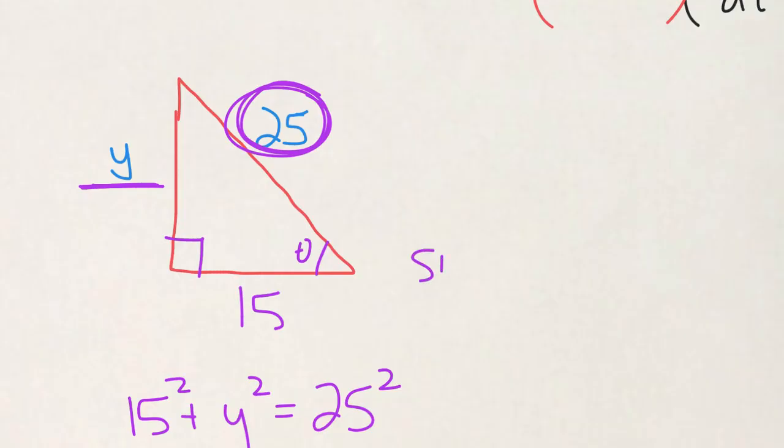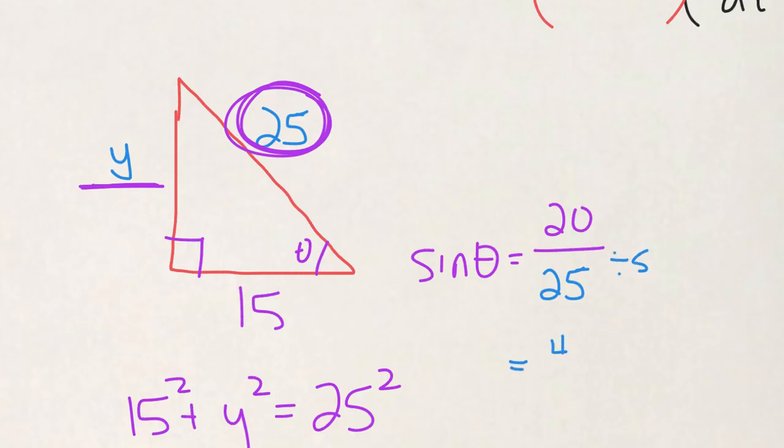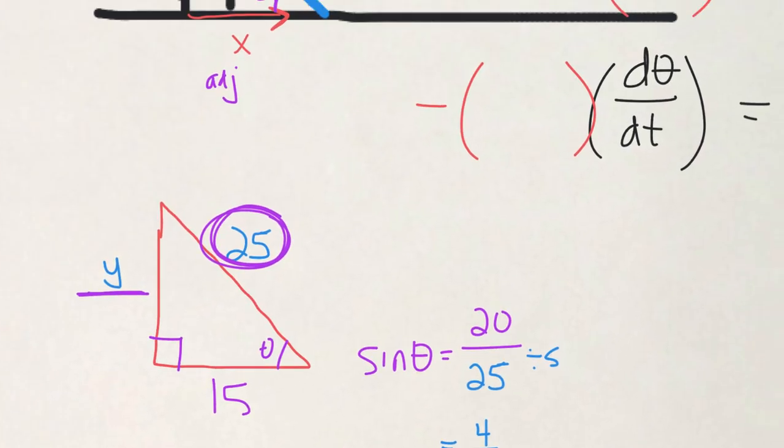So the sine of our angle is 20, the opposite side that we just calculated, divided by 25, your hypotenuse, which reduces, if we divide both by 5, to 4/5. So that's what I'm going to plug into my formula instead of sine. The sine fraction is 4 over 5.